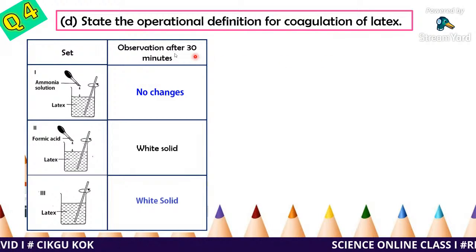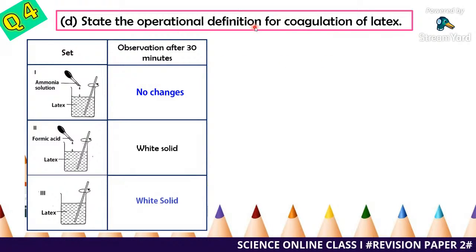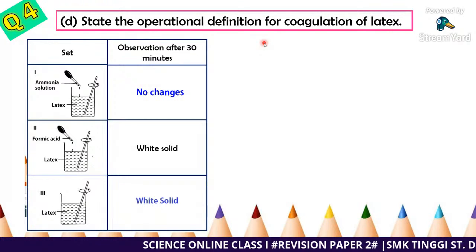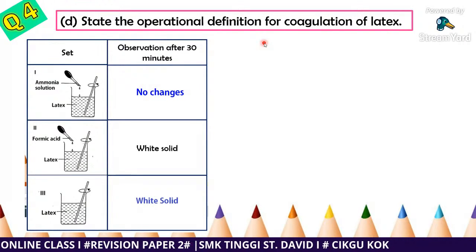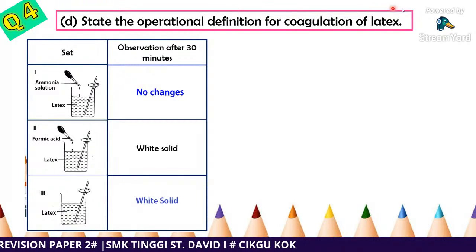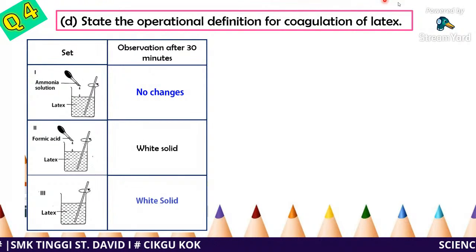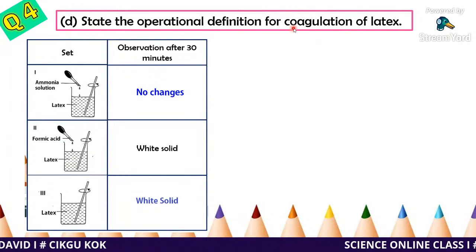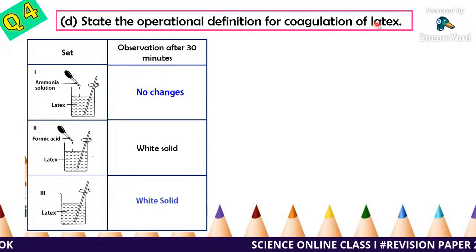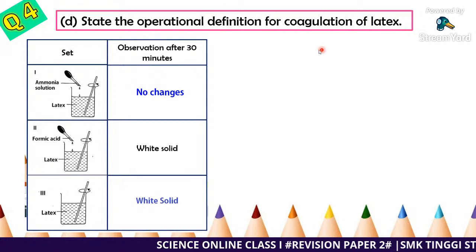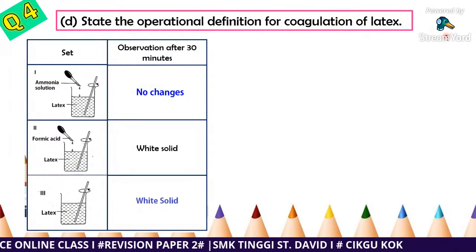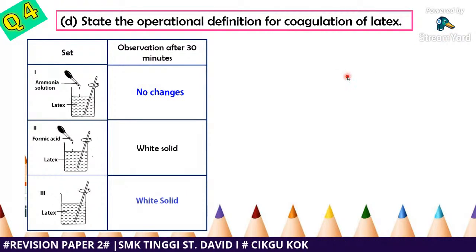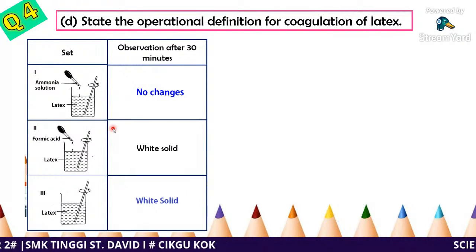Just now I told you, when you see the operational definition, we must start from the object. Now the object is the coagulation of latex. So your sentence must start with coagulation of latex is, okay, like this. Is what? Refer to the experiment.